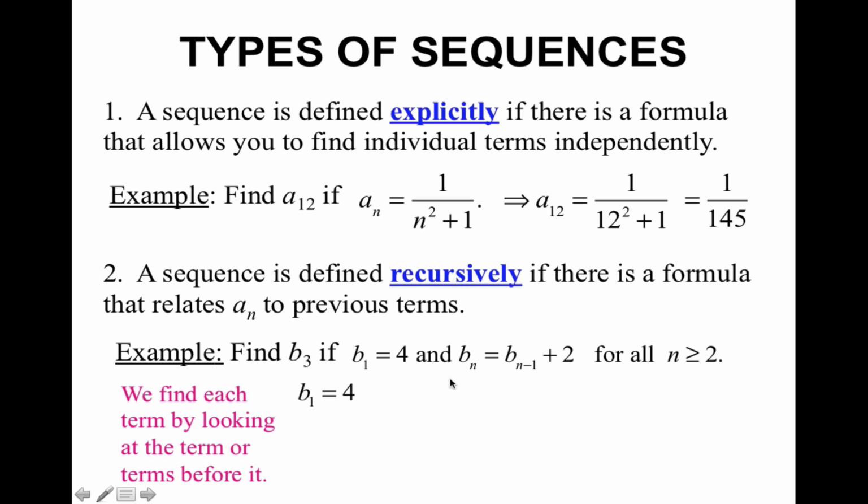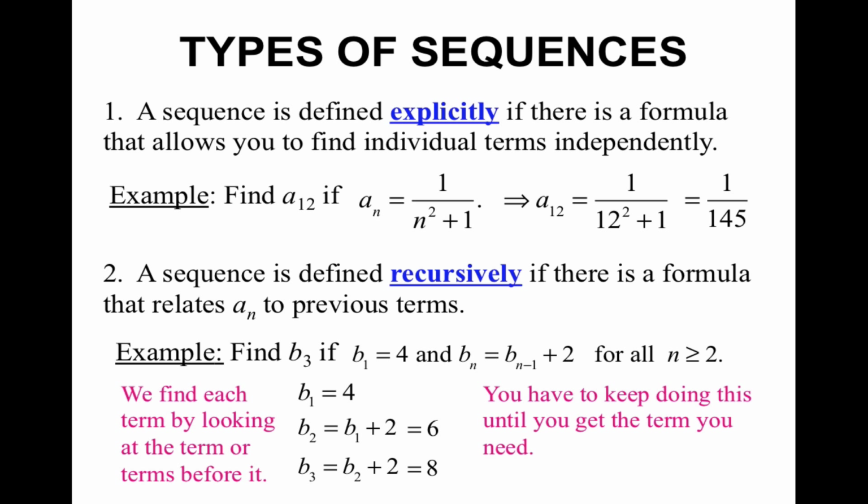So I add 2 to b sub 1, so 4 plus 2 gives me 6. Then to get the next term, I add 2 to 6, which gives me 8, which is b sub 3. Basically you have to keep doing this until you get to the term that you need.